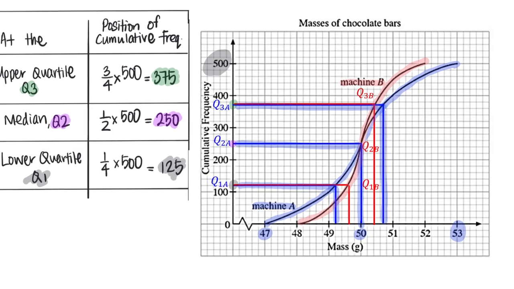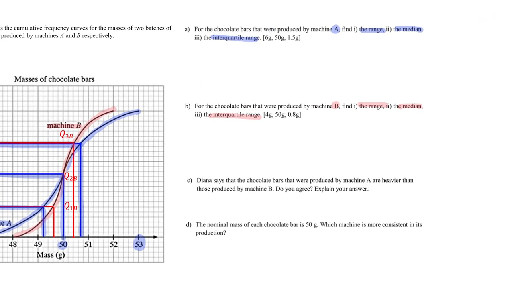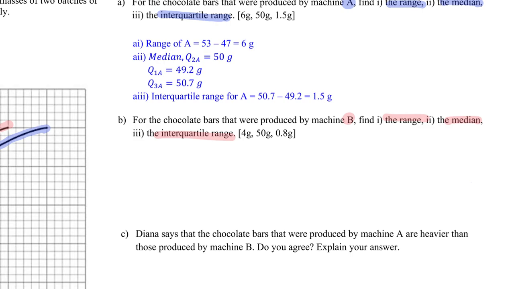Okay, which therefore is the set of answers here. Alright, so this will be the answers for part A, where all the answers are from the graph. And all we have to do for interquartile range would then be Q3 for machine A minus the lower quartile Q1 of machine A.